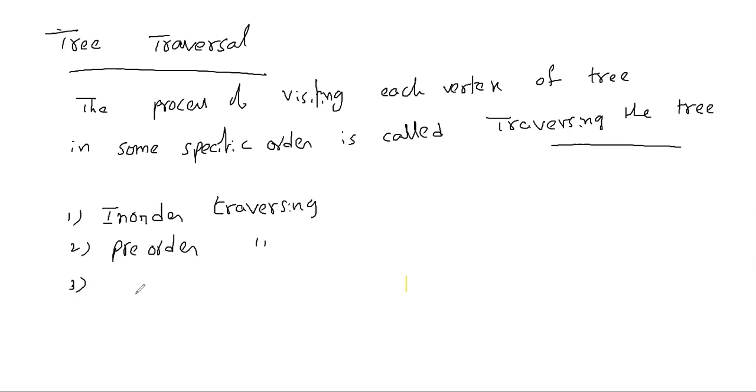Third is post-order traversing. This we will learn in detail. Very simple but a little tricky. So visiting vertices of the tree in some specific order is called tree traversing. Basically there are three types: in-order, pre-order, post-order. We'll discuss all of that in detail.